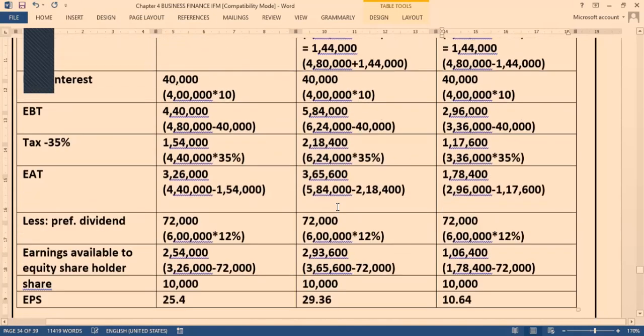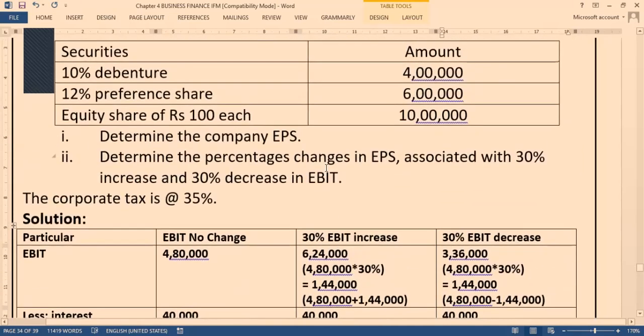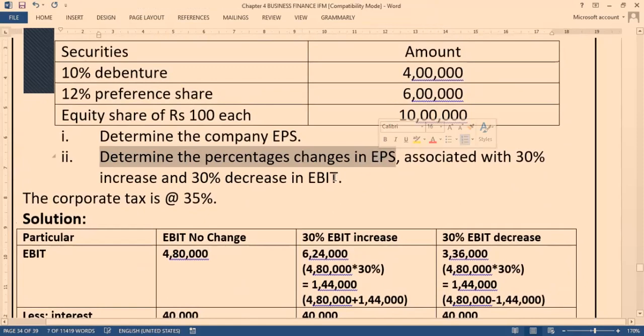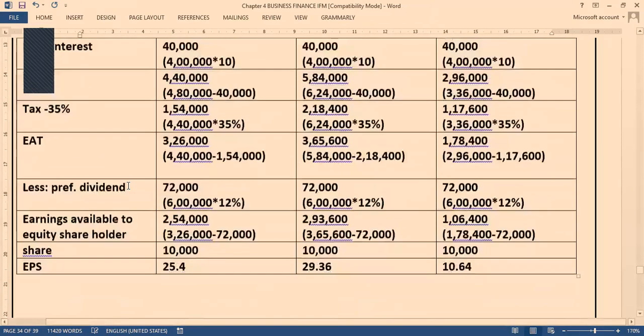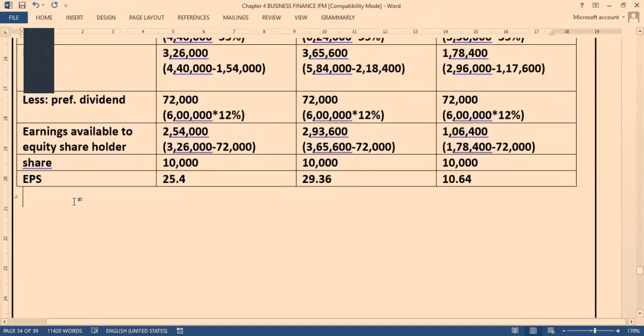Again, go back to the question. What they clearly mentioned is to determine the percentage change of EPS. How much percentage it has changed. Suppose you take this entire thing as 1, then this will be taken as 2. We have to identify the percentage changed from one to another. Is it clear? You can take EBIT.